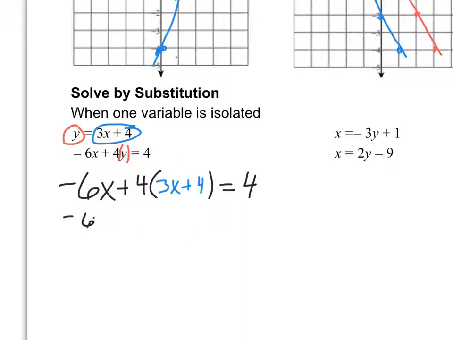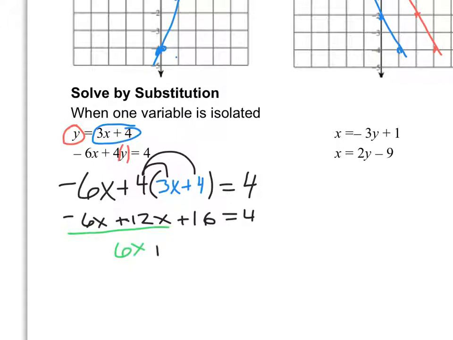And now I solve a normal equation. So -6x, 4 times 3 is 12, so 12x, 4 times 4 is 16. Combine your like terms, so 6x plus 16 equals 4, 6x equals -12, and x equals -2.